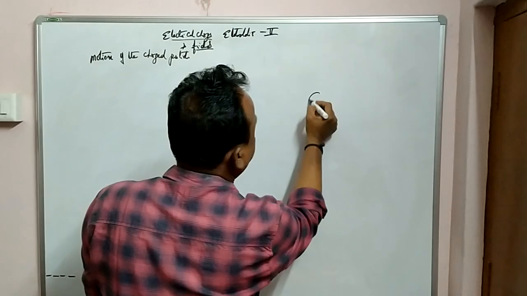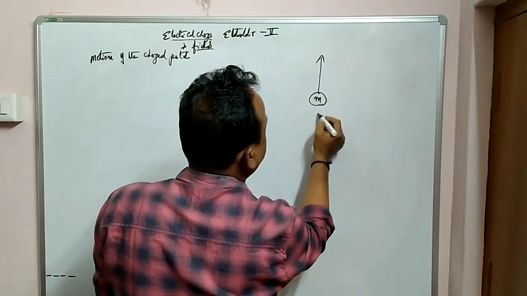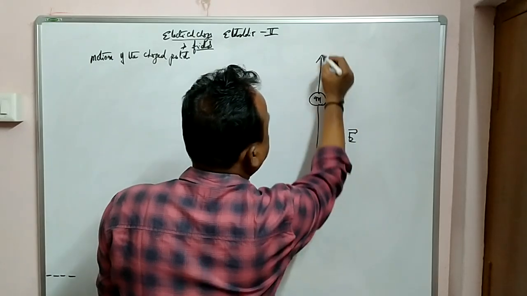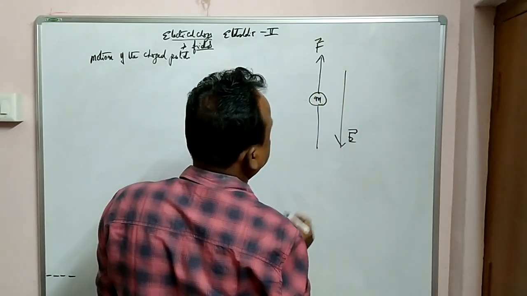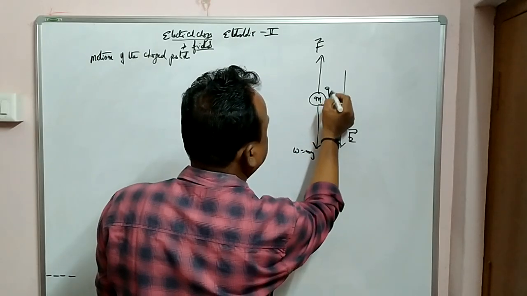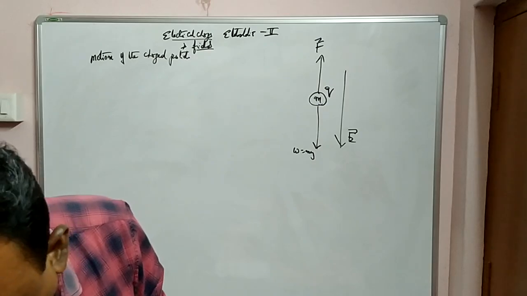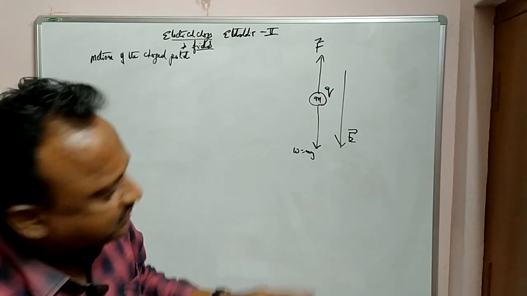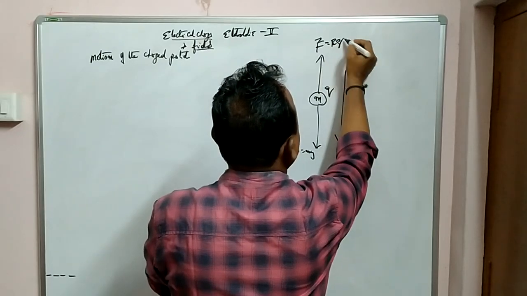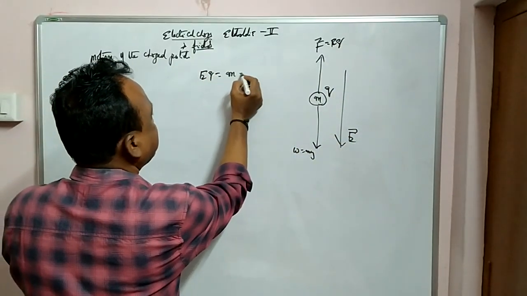Already I told you, suppose a particle has mass m. This is the electric field, the opposite force is acting, and this is the weight. I have given a plus q charge there, and the force acts in this direction, opposite to the field, EQ, therefore EQ is equal to mg.